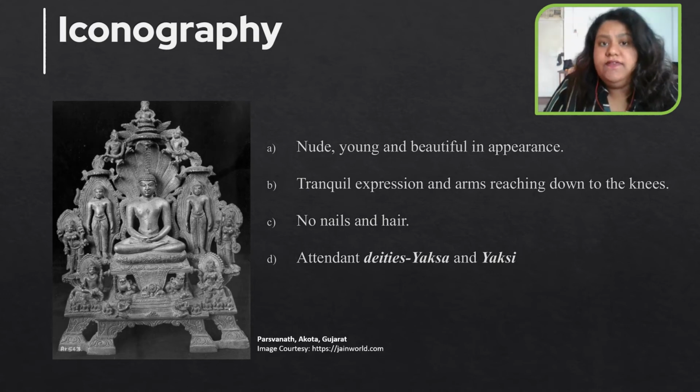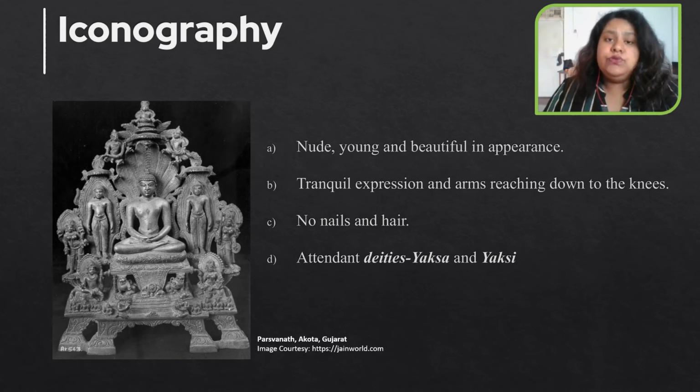The other features to identify a Jain or Tirthankara image are that the images are always depicted in the nude form. They are shown young and beautiful in appearance. There is a tranquil expression, and the arms reach down to the knees if the image is in Kayotsarga Mudra, or standing erect.